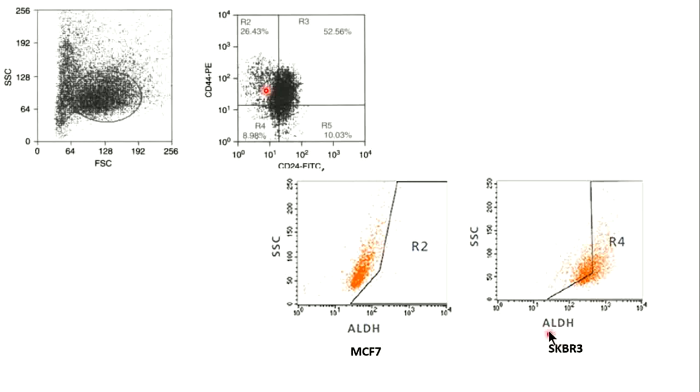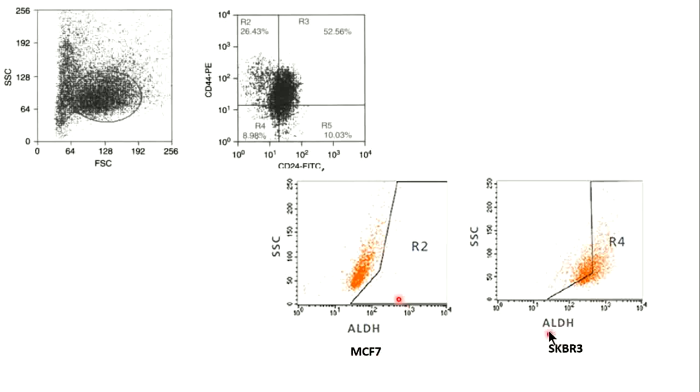There is another marker which is called ALDH. ALDH is an enzyme, aldehyde dehydrogenase, which is expressed highly by the cancer stem cells and not by the other cancer cells. So you can see there are two famous cell lines of cancer. One is called MCF7 and another is called SKBR3.